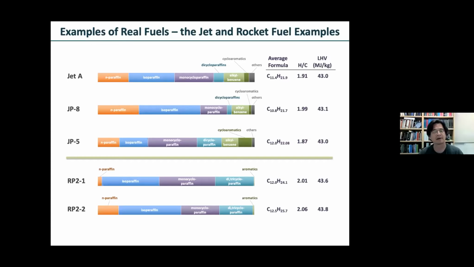Nevertheless, if you look at this fuel, they are multi-component, comprising of paraffin, isoparaffin, monocycloparaffin, dicycloparaffin, and some aromatic compounds. Now, for jet fuel, the average formula is roughly around C11H22. If you look at the gasoline without ethanol addition, it will be around C8. And if you go to diesel, it would be around C16.